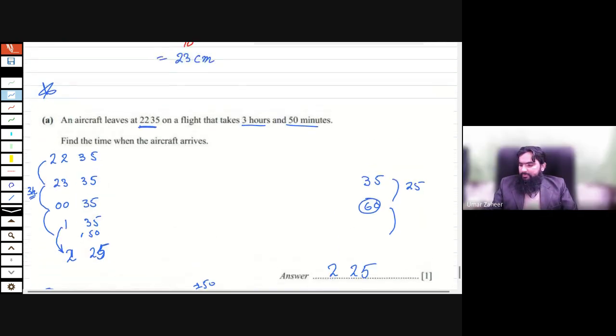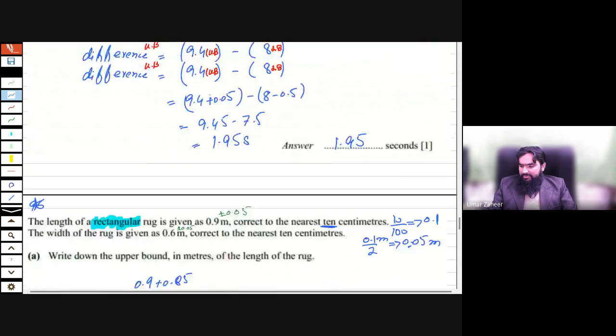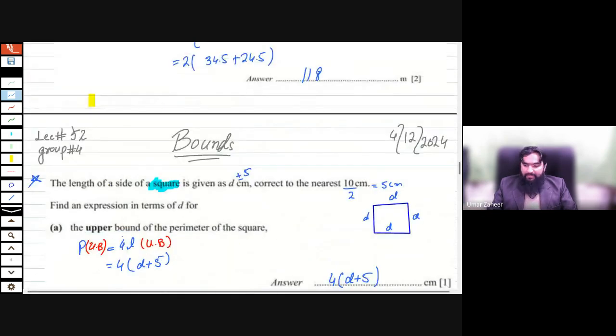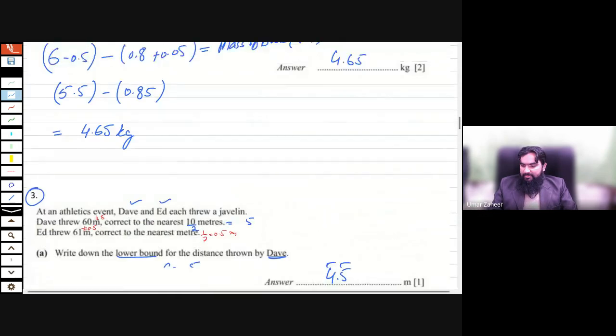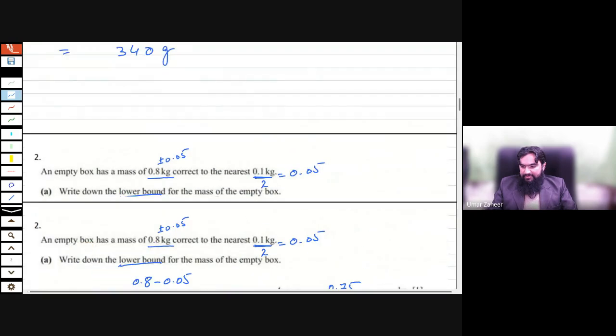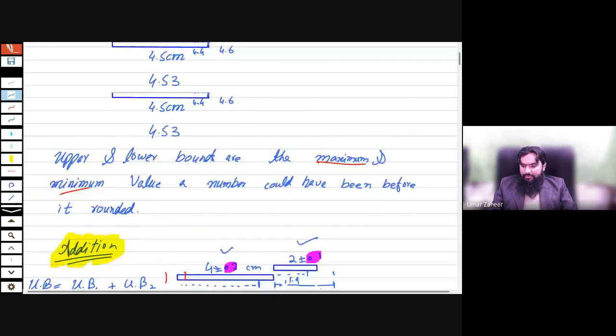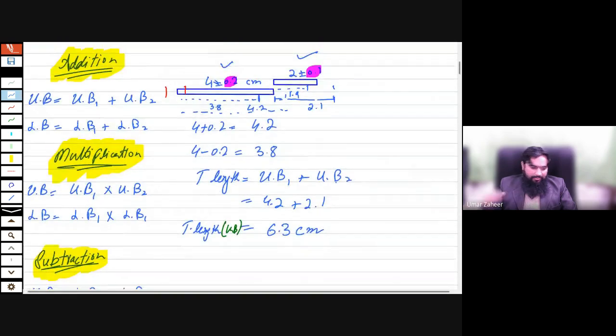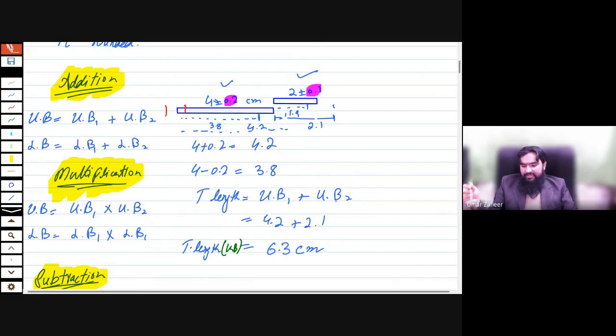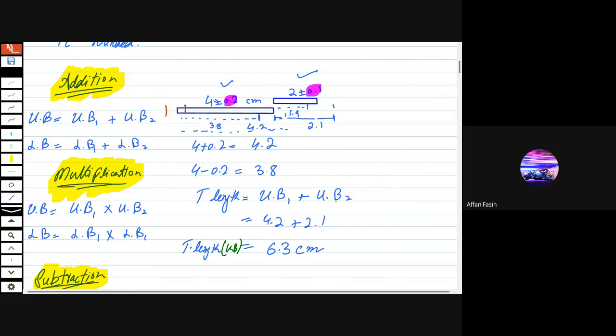Is there anyone who has a problem or confusion in the bounds? You need to check the recording of the previous lecture, and then it is going to be more clear, because when I start a new topic, each and every concept is covered in the first lecture. The next one, we are just practicing questions.